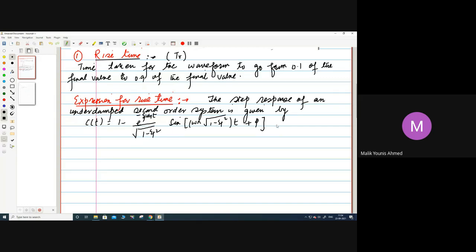This expression is valid for t greater than or equal to 0.